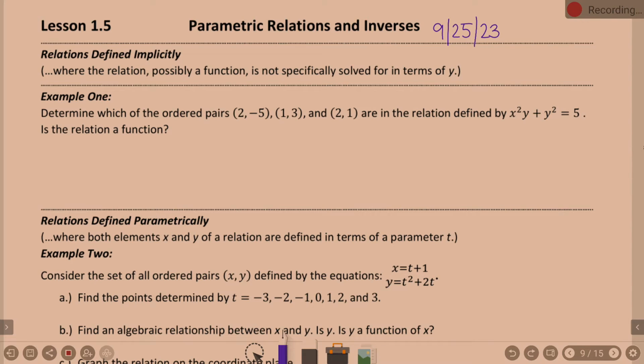So now, as we talk about that implicit, the basic question here: determine which of the ordered pairs are in the relation defined by x squared y plus y squared equals 5. And then the follow-up question will be, is the relation a function? So, how do we decide which of these ordered pairs are in this relation?